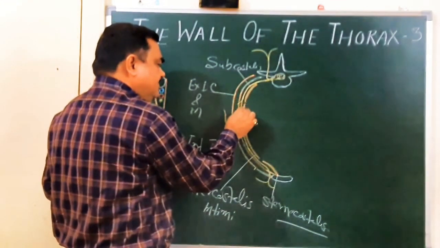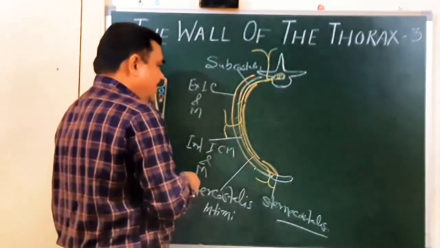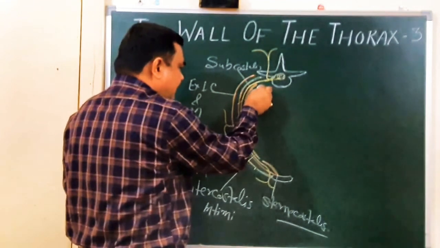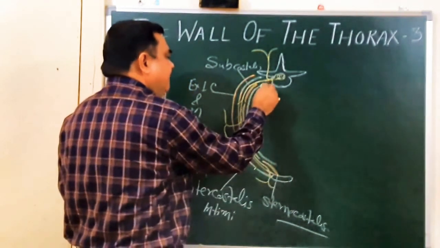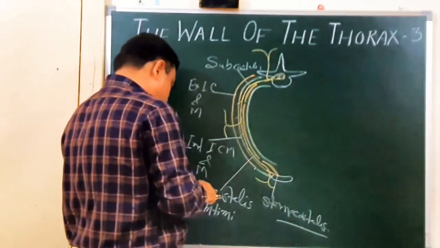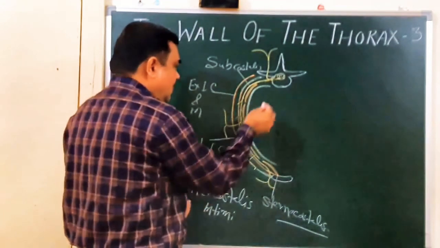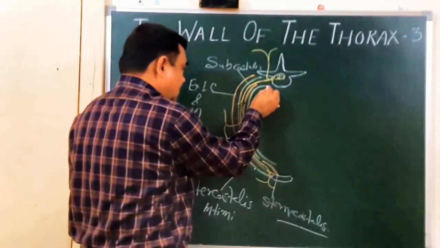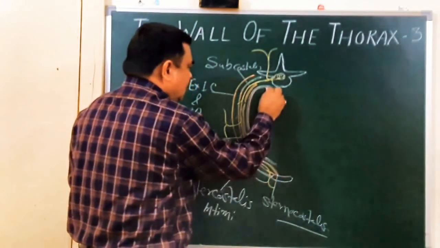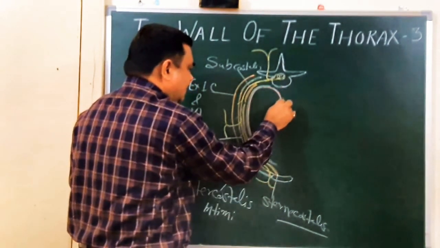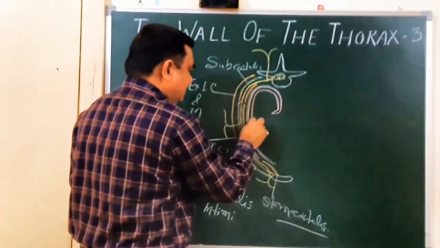In this course it gives muscular branches, and also it gives branch to endothoracic fascia, which is adherent with this. This is parietal pleura, and this is visceral pleura.